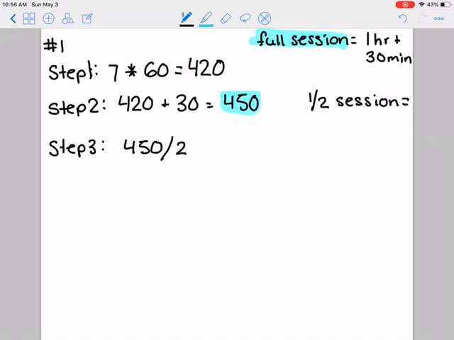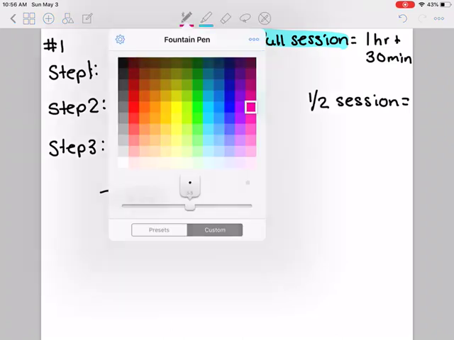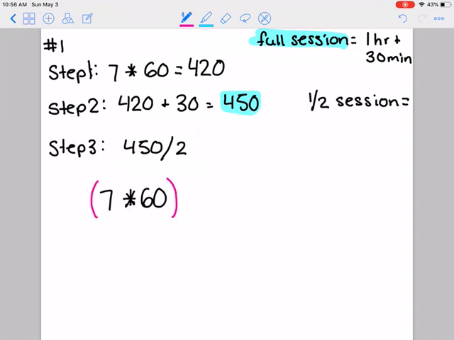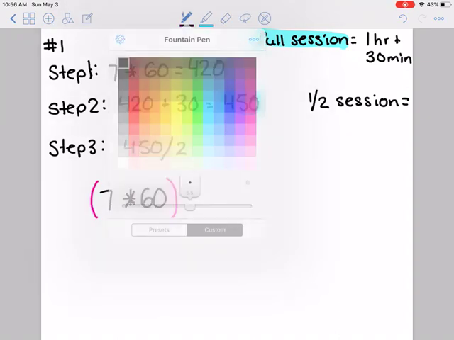How would we write this as one whole number model? Remember, you set up your steps by your parentheses. So the first thing we did was 7 times 60. And I'm going to separate that with a parentheses to show whoever's doing this problem that that's the first step that they do.